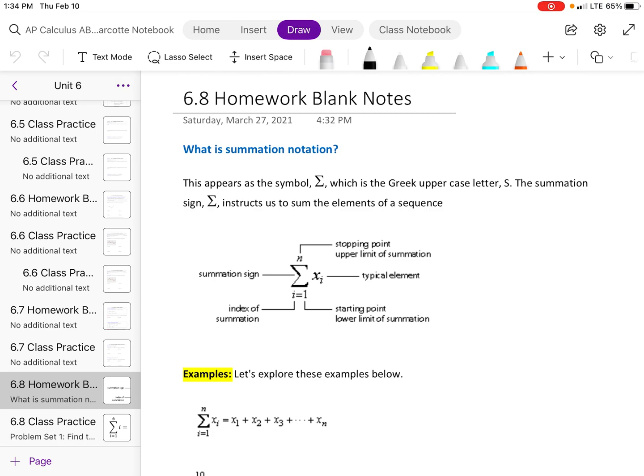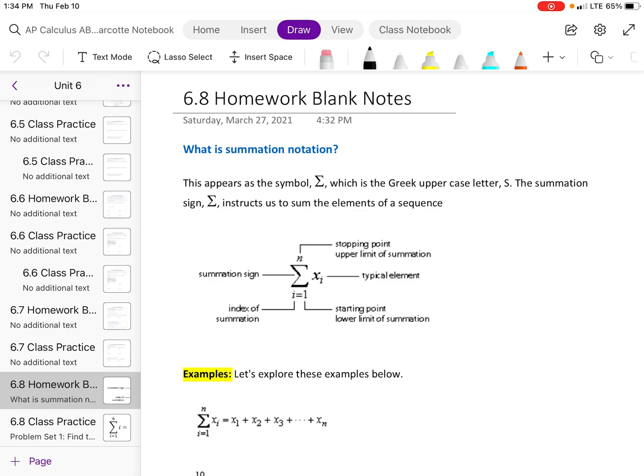So this big looking E, we call this sigma, and it's a Greek uppercase letter. The summation sign basically just instructs us to sum the elements of the sequence. So in this picture, I have a breakdown. When you look at this, we have the sum from i equals 1 to n of x_i.